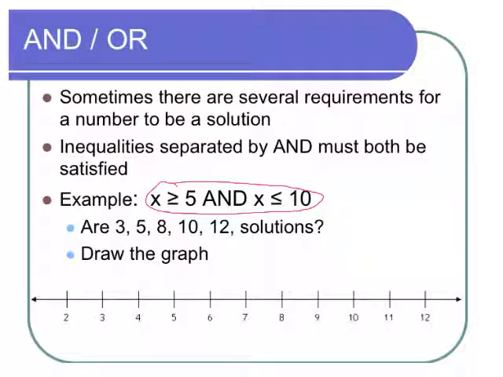What about 3? Is 3 greater than or equal to 5? No, it didn't meet that first requirement, and so 3 is not a solution. Is 5 greater than or equal to 5? Yes. Is 5 also less than 10? Yes. So 5 is a solution. Has to make both things true.